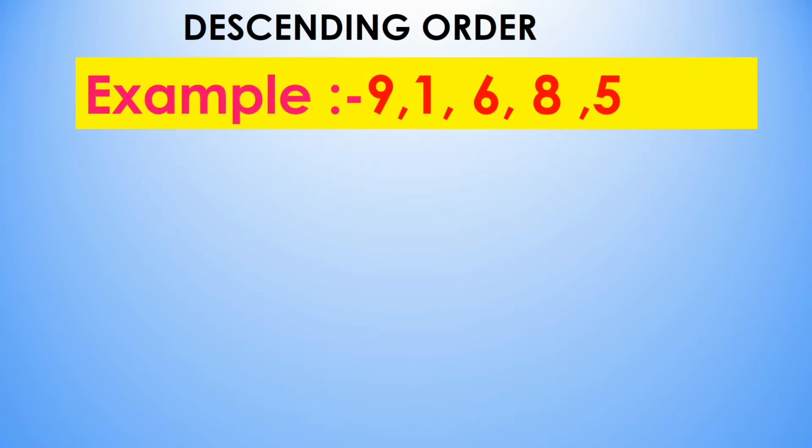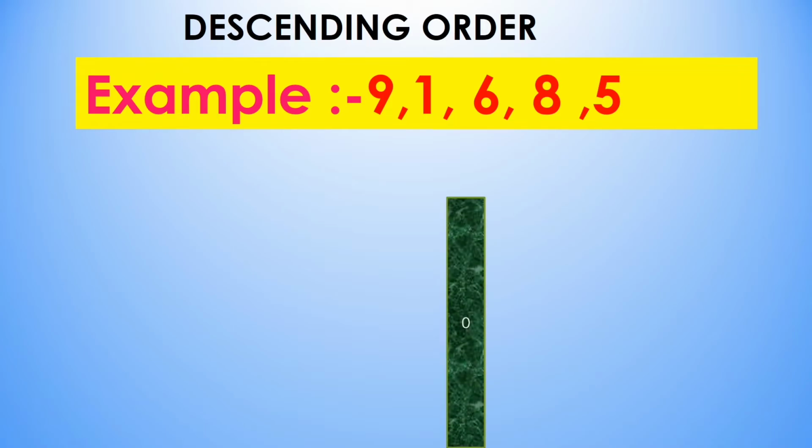These are the numbers which we have to arrange them in descending order. You can also call decreasing order. For descending order, first we have to find out the greatest number. Which is the greatest number here? Yes, 9. Then going downward, 8.